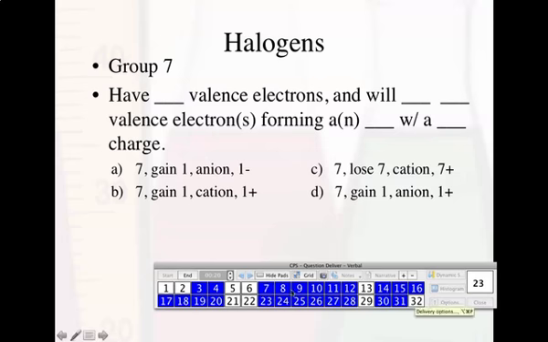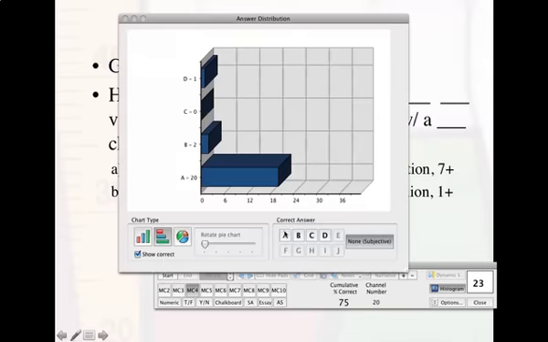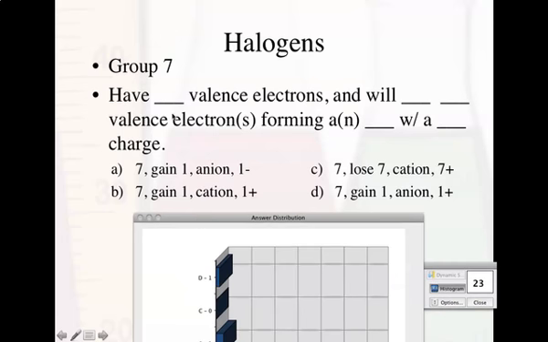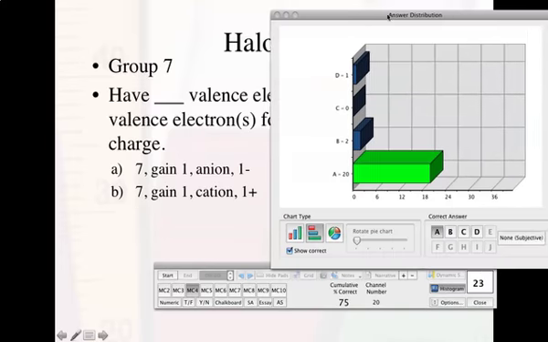Okay, end this one, and hopefully we got a bunch of A's. Excellent. So the halogens have 7 valence electrons and will gain 1 valence electron, forming an anion with a 1 negative charge. Perfect. Good percentage there, guys.